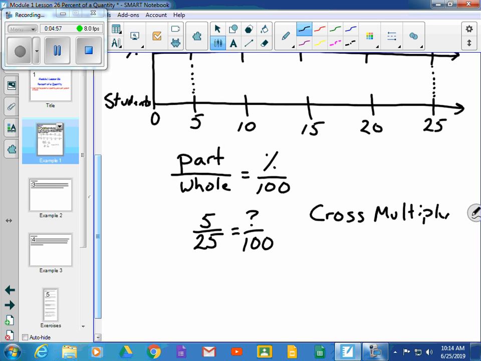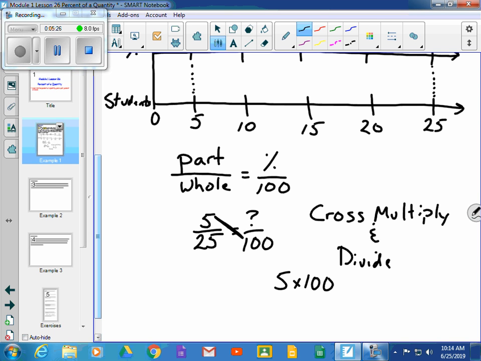Here's how that works. You're going to look diagonally at the two terms that are given. Notice the 5 and the 100 are given, but the 25 and the percent, we don't know both of them. So we're going to start with the two that we're given, and we're going to multiply those. 5 times 100.